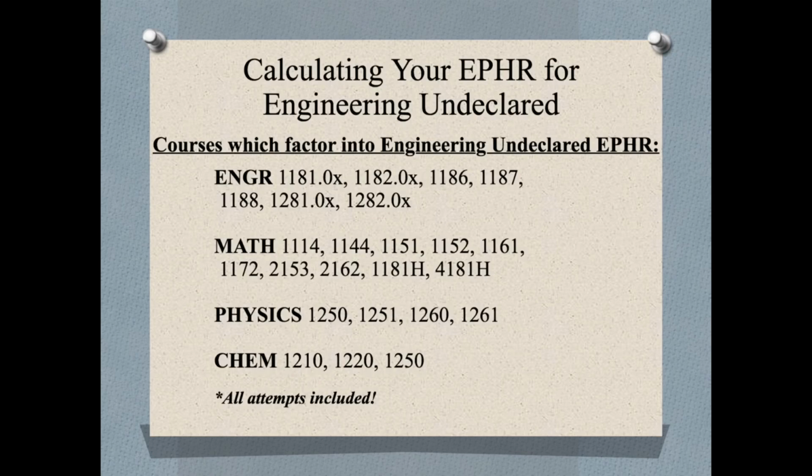If you take a course at a different university, it will not be included in your EPHR calculation, and if you repeat any of these courses more than once, we will include all attempts in your EPHR unless your original attempt was forgiven under the new grade forgiveness rule.